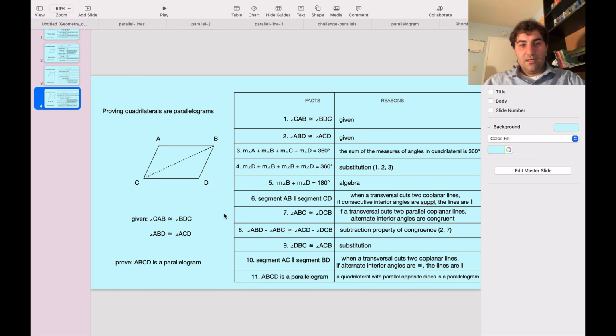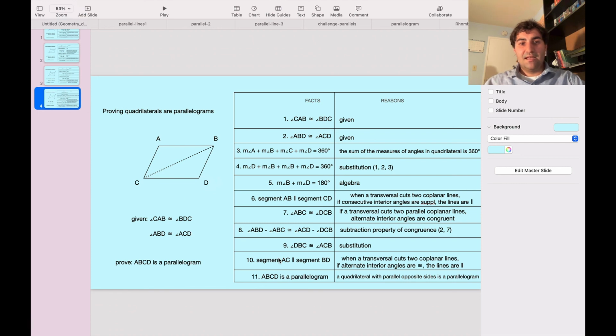If we look at angle DBC, which is this angle, and this is congruent to angle ACB, well, if we take diagonal BC as the transversal and sides AC and BD, then since the alternate interior angles are congruent, these lines, segment AC and segment BD, are going to be parallel, right?